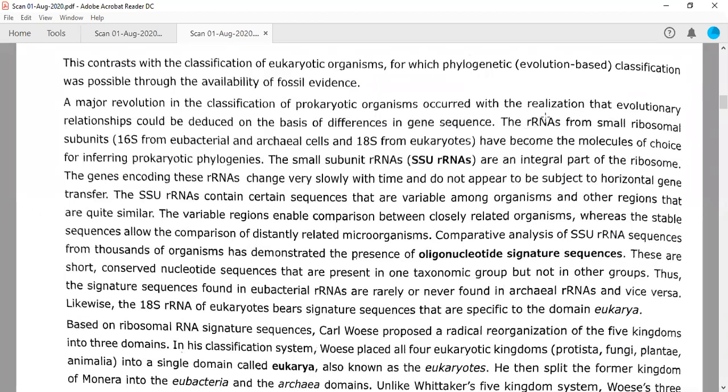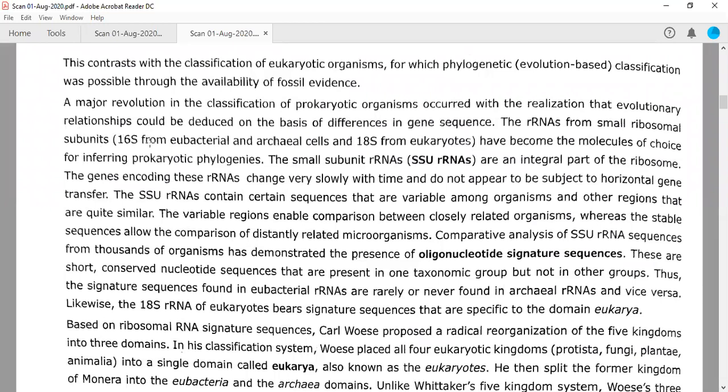So the rRNA, the ribosomal RNA from the small ribosomal subunit, as we had discussed, either from the 30S or from the 40S small ribosomal subunit.